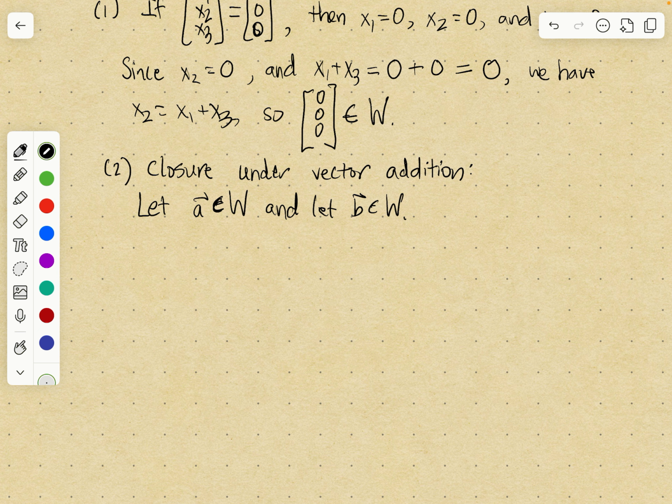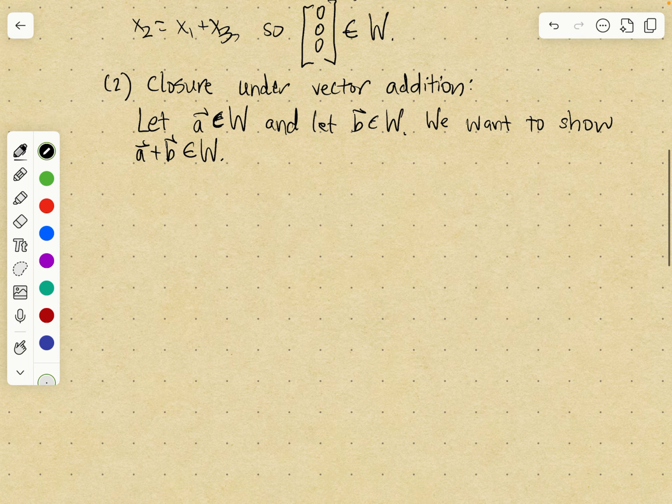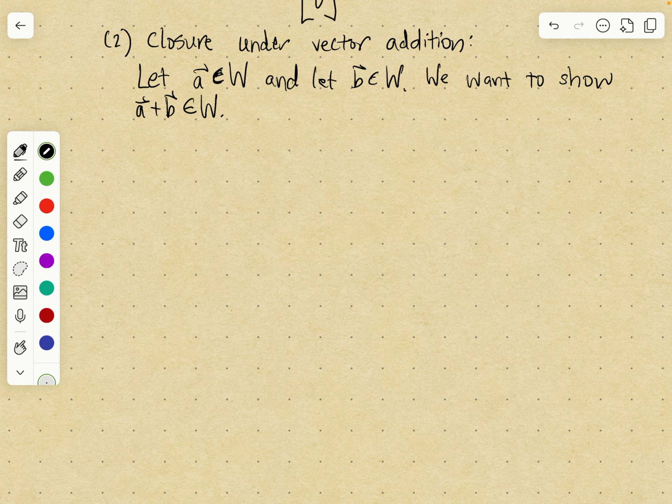The point is that you need to start off with two elements of W. And we want to show that the sum, A plus B, is an element of W. So let's just do some scratch work. Since it's scratch work, I'll do it in a different color just to make it clear.